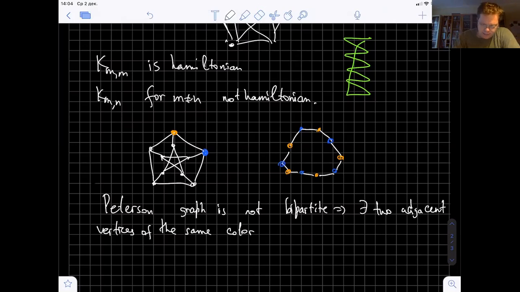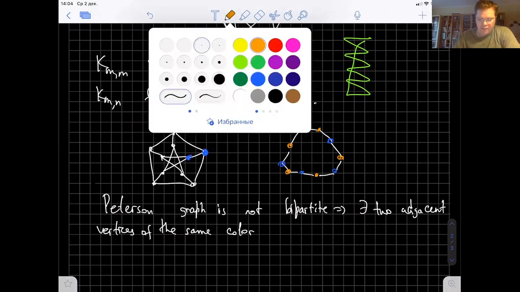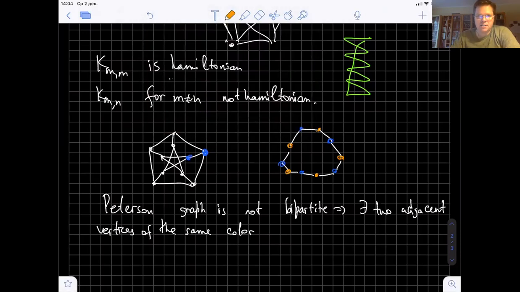Okay, so if we start, suppose we have two vertices of the same color, then we know the colors of their neighbors. So for example, we need this and this to be orange, and also we need this and this to be orange, because they are the unique neighbors and we have them in a cycle.